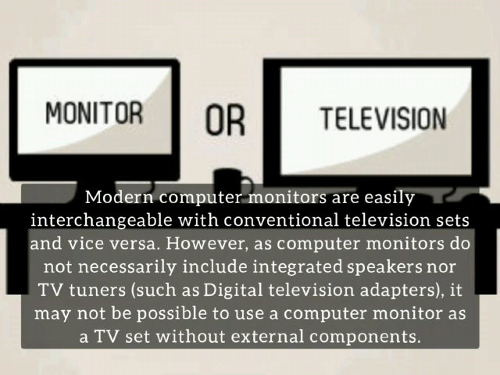However, as computer monitors do not necessarily include integrated speakers nor TV tuners, such as digital television adapters, it may not be possible to use a computer monitor as a TV set without external components.